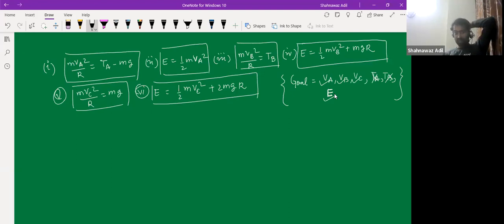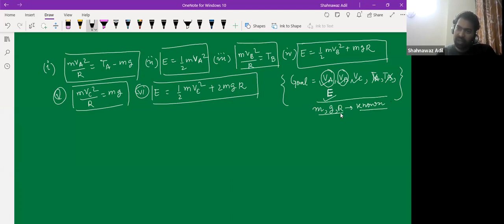Now you are looking at six equations in your hand. Which one among them can you calculate directly? The known quantities are m, g, and R, and these others are unknowns.